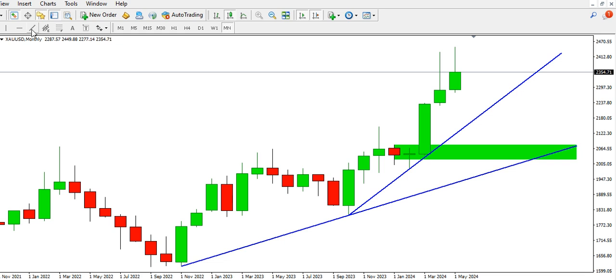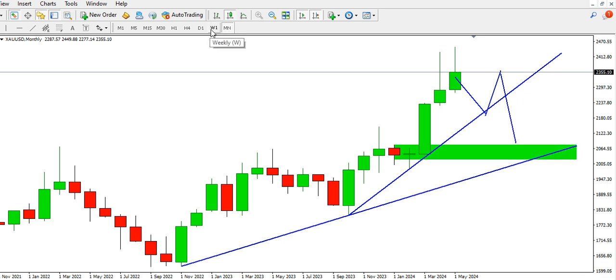So if price is going to drop, we might see it dropping to the trend line, testing it, bouncing a bit before forming a double top or triple top, and then possibly dropping. We might see something like this before price gets to that particular order block.